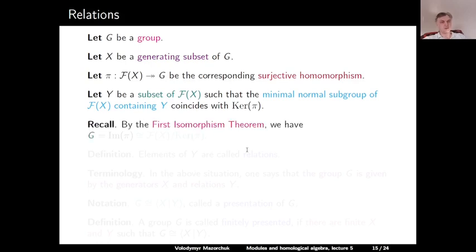Then, by the first isomorphism theorem, our group, which is the image of our surjective homomorphism π, is the quotient of F(X) modulo the kernel of π.